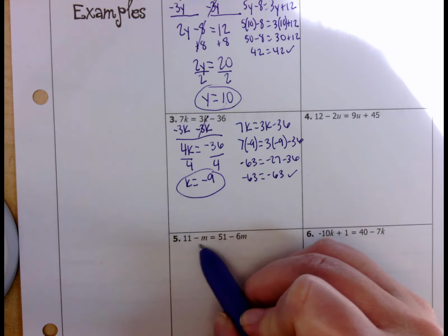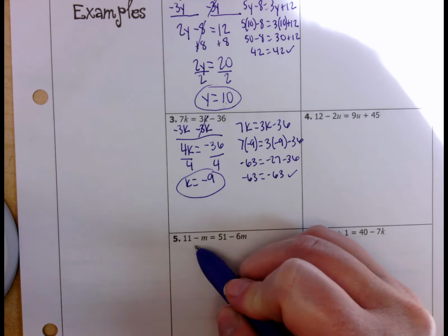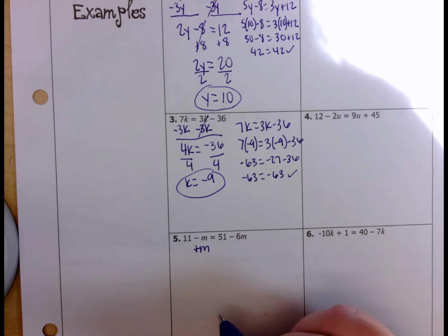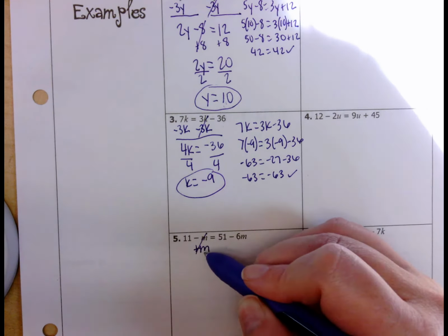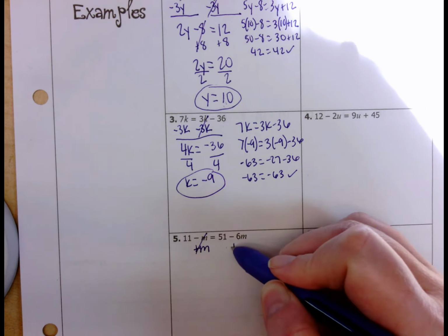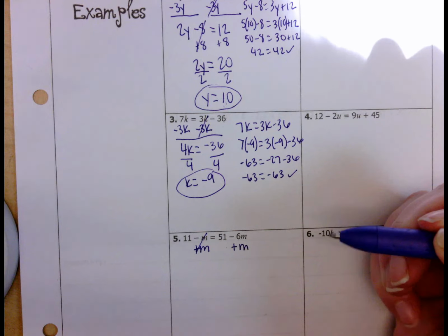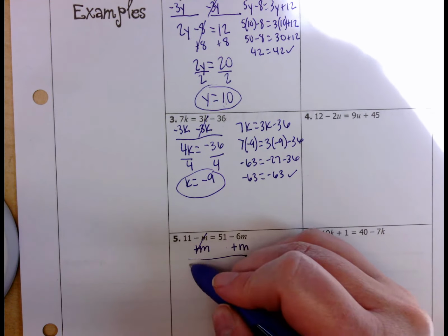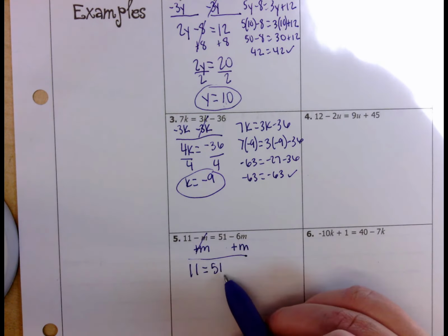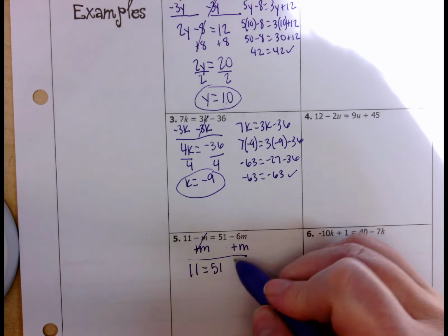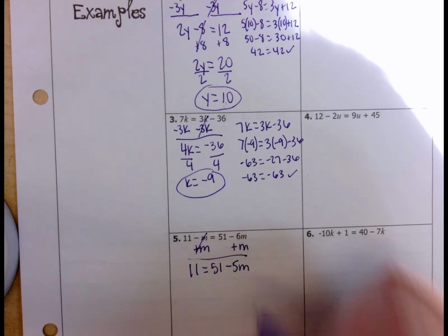In order to get rid of a negative m, I need to add a positive m, and a negative 1 and a positive 1 cancels out. And so what I did over here to the left, I'm going to do to the right. I'm going to add a positive m. And so what I'm left with here is 11 on the left, 51 on the right, and that negative 6 plus a positive 1 is a negative 5.